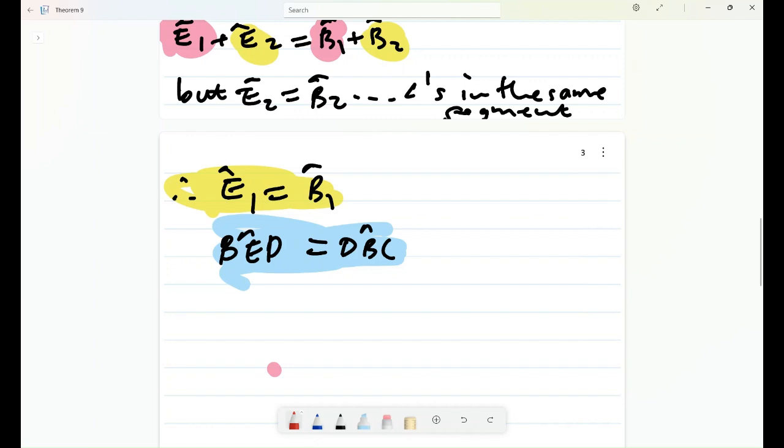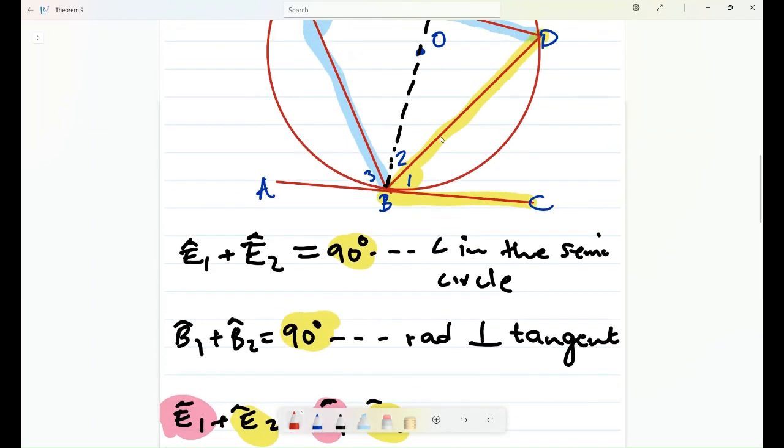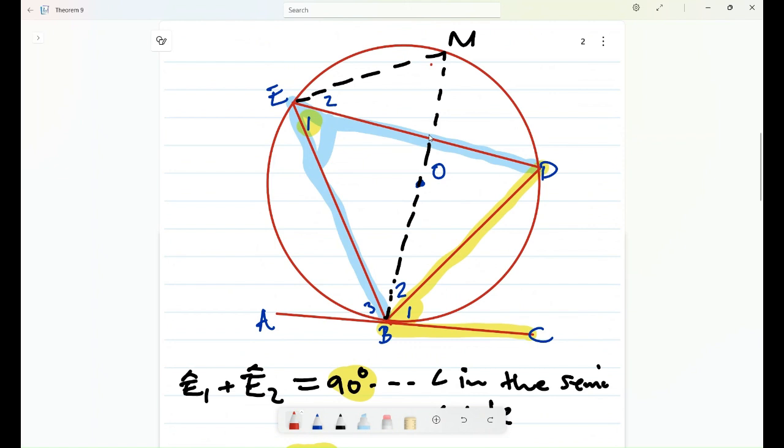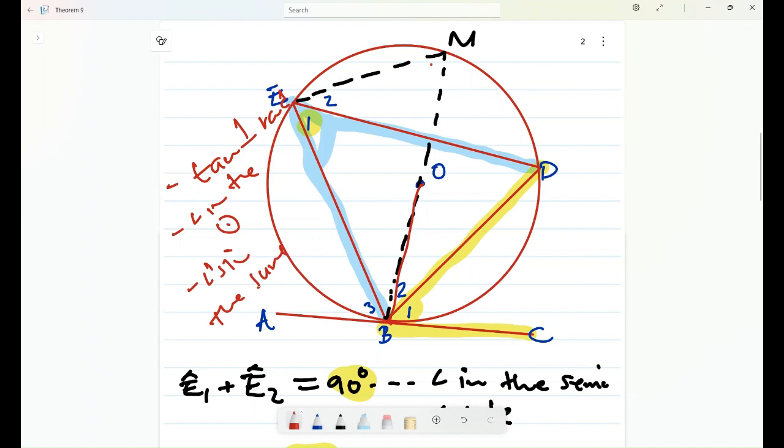Know all your theorems. This is the first theorem that includes 3 theorems that you should know. The first one is this one, that says tangent is perpendicular to radius. The second one is angle in the semicircle. The third one is that angles in the same segment.